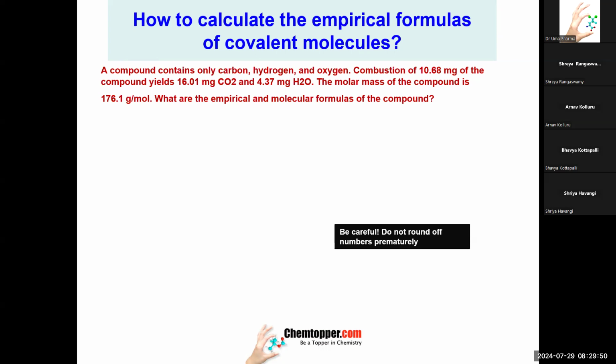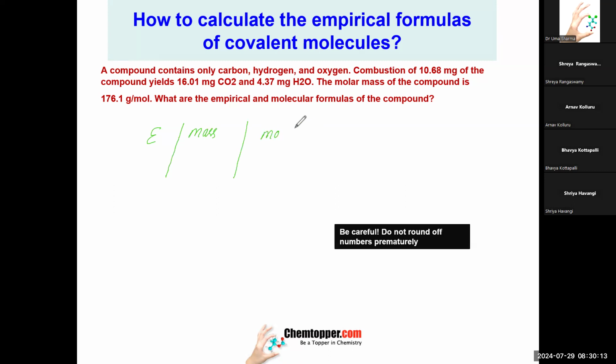So what should be the first column? Yes, the first column is elements. Second column is the mass. Very good. And the third is moles.